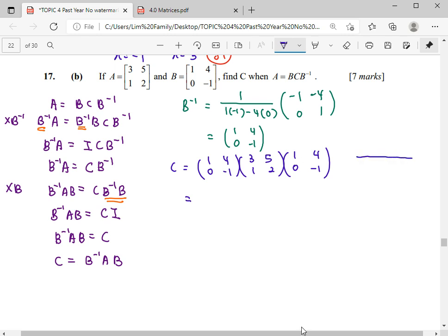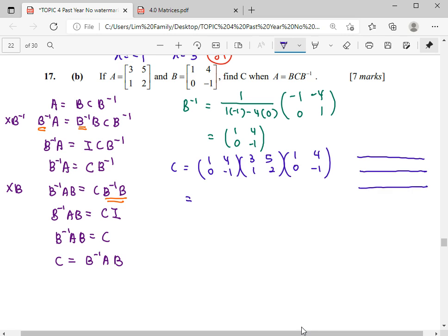My working will be shown using rows. I have two rows here, which are 1, 4 and 0, negative 1. And then for columns, the second matrix here is 3, 1, 5, 2. So in multiplication, we take row times column.